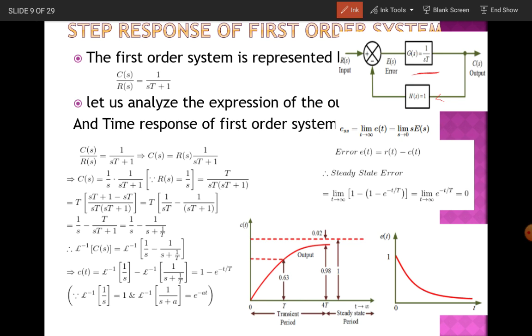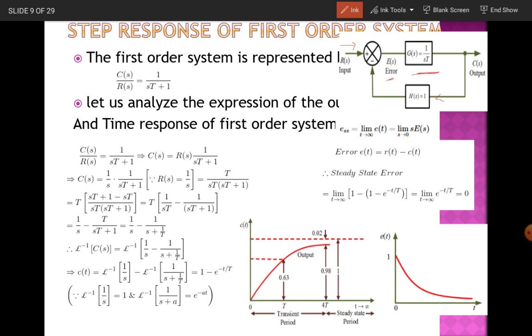The actual output is compared with the reference input, that is step input. The input may be a step, ramp, or any standard signals. Comparing these two, we will get the error. Proportional to the error, the system is controlled, so then we get the output.